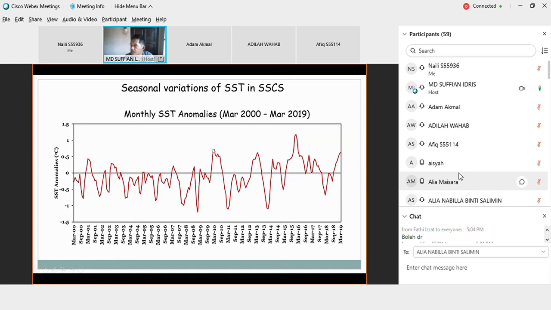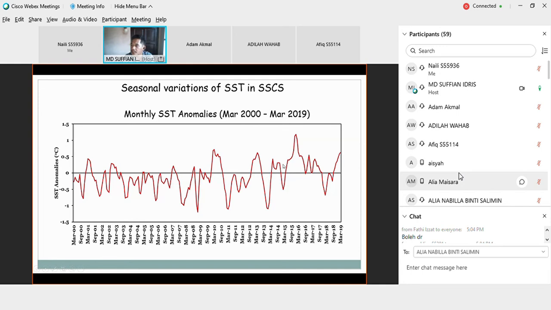Likewise March 2010, and then after that we had La Nina in 2011. Likewise September 2014 we had La Nina, and also 2018, 2019 La Nina. So it gives a negative anomaly, that means temperature is lower than normal.